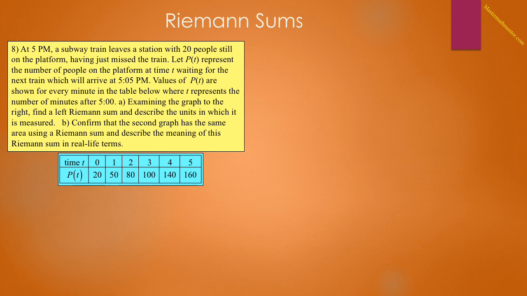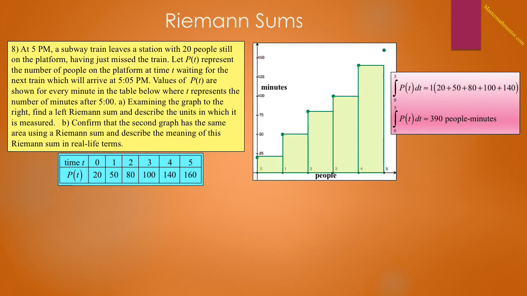And then Part B, confirm that the second graph below has the same area using a Riemann sum and describe the meaning of this Riemann sum in real-life terms. We plot the 6 points as shown at t equals 0, 1, 2, 3, 4, and 5, and then construct 5 left Riemann sum rectangles.